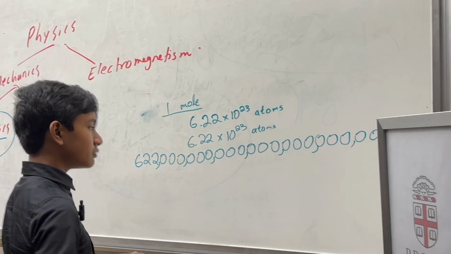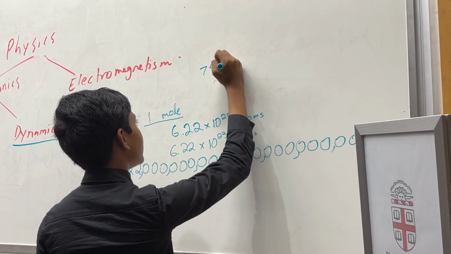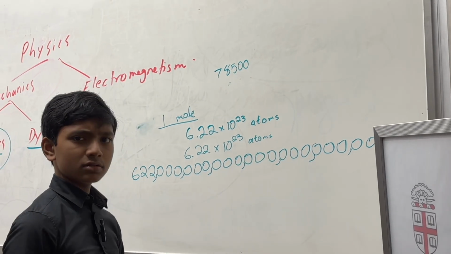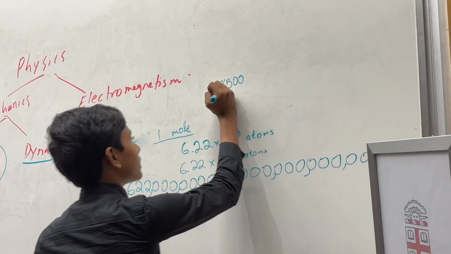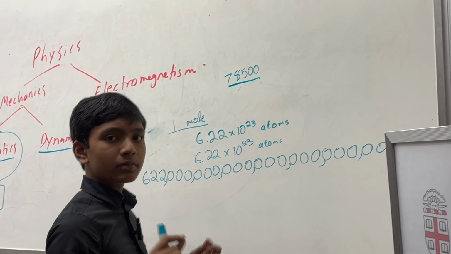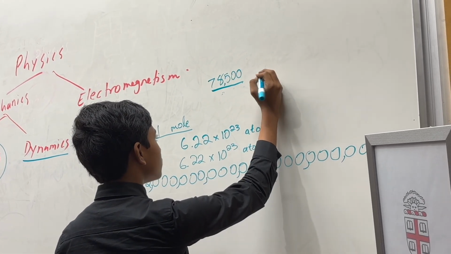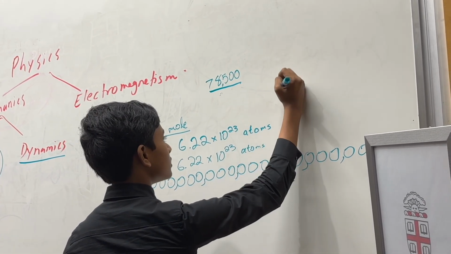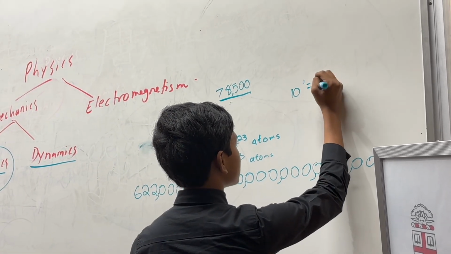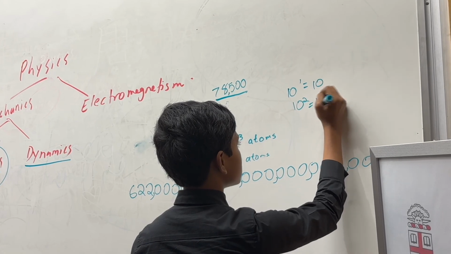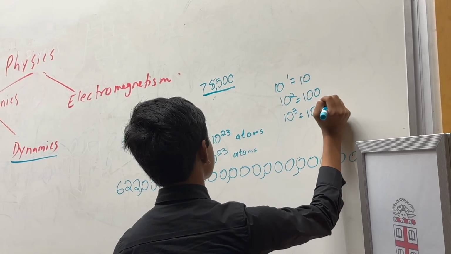All right, so scientific notation is essentially, if you have any number, like, for example, 7, 8, 5, 0, 0, the format. If you have a number like 78,500, what we do with scientific notation is, first, you already know about exponents, so the powers of 10 are 10 to the 1 is just 10, 10 to the 2 is 100 with 2 zeros, 1,000, and so on and so forth.